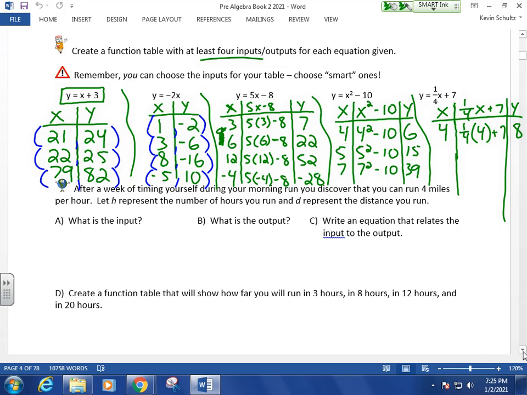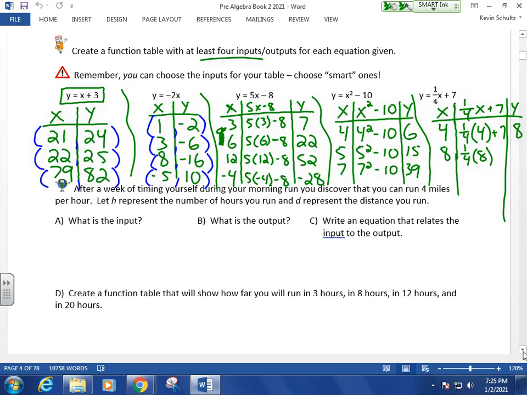Okay. What would be another smart value to choose here? What do you think? Just something even, like 6, 1/4 of 6. I have 6 things. I want a fourth of that. That's not very friendly. How about 8? 1/4 of 8. I have 8 things. I want a fourth.